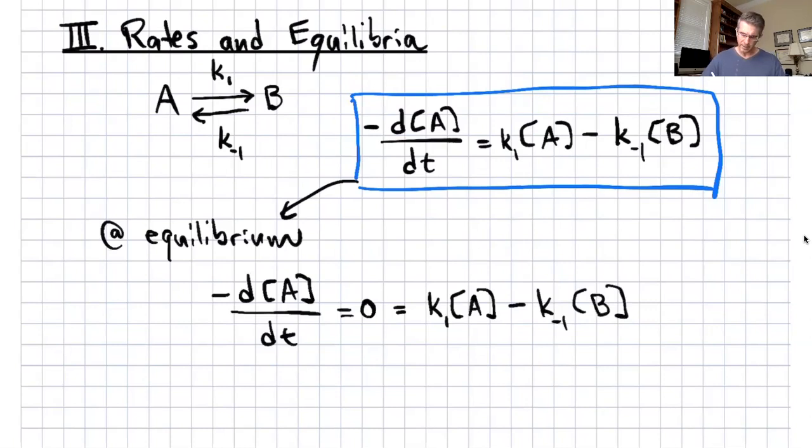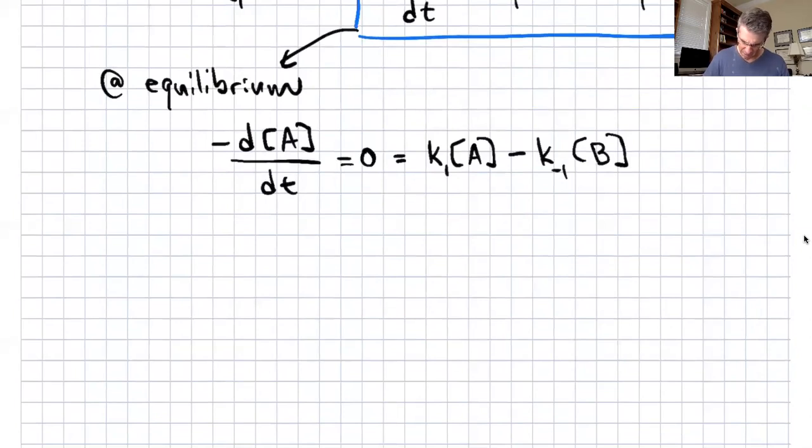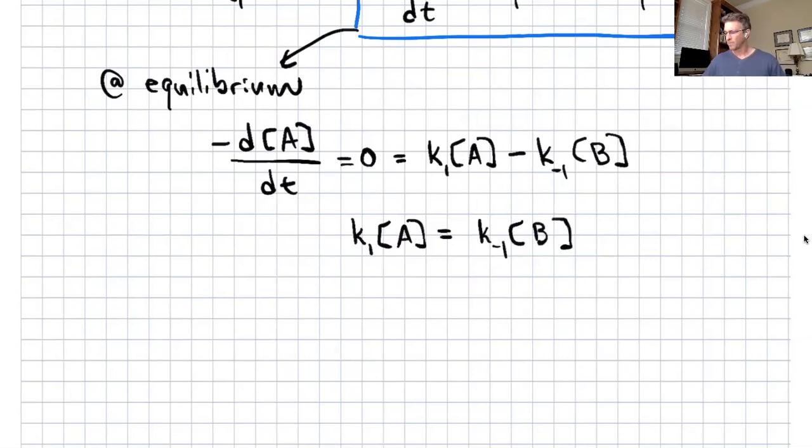Oh, okay, well, that's not so bad. If we can assume equilibrium, that's pretty easy, because now I can go, all right, fine. That means k1 times concentration of A has to just be equal to k minus 1 times concentration of B, right? Oh, that's cool, right? What that says is at equilibrium, the rate of the forward and the reverse reactions must be completely balanced.